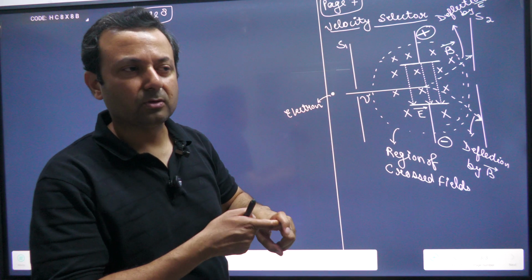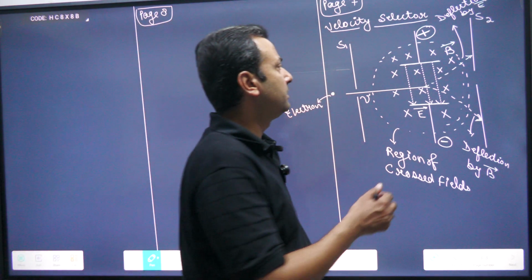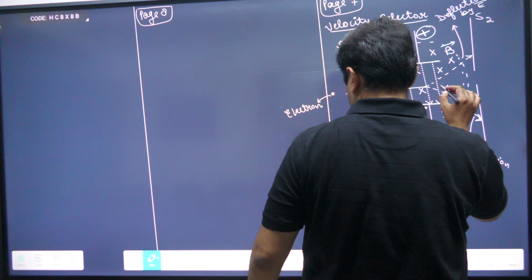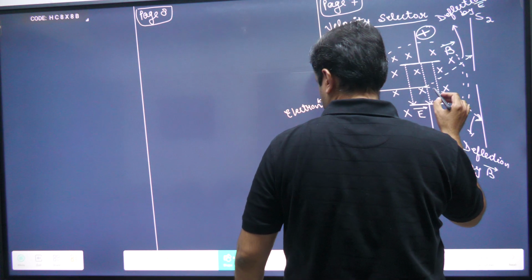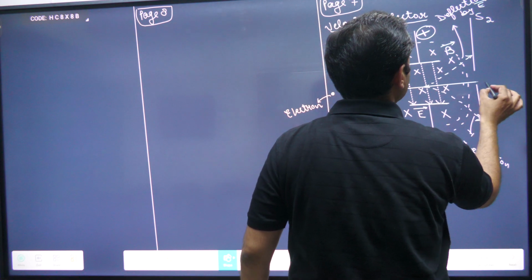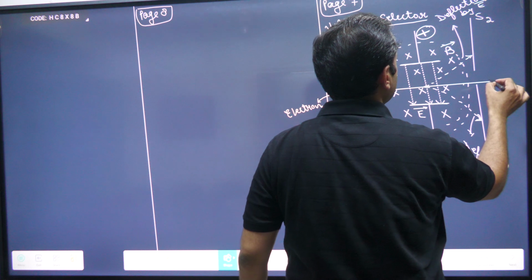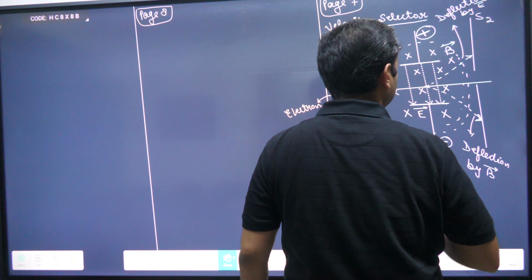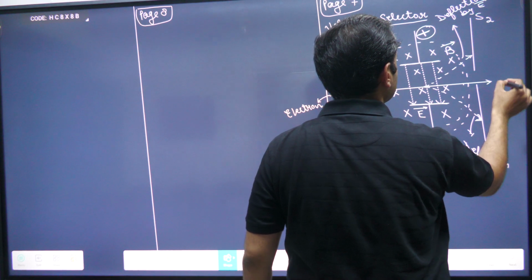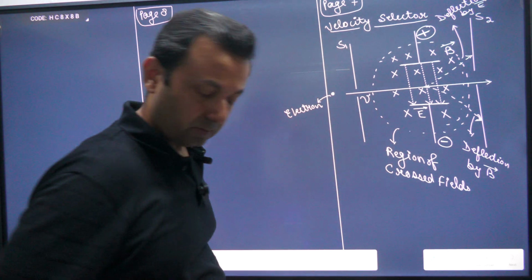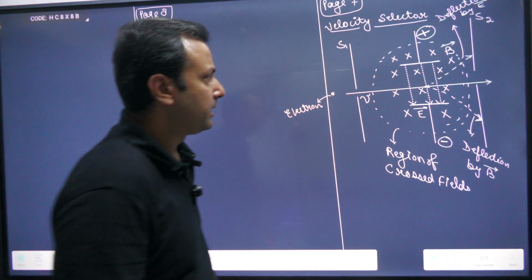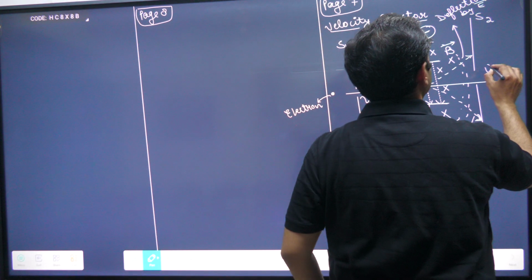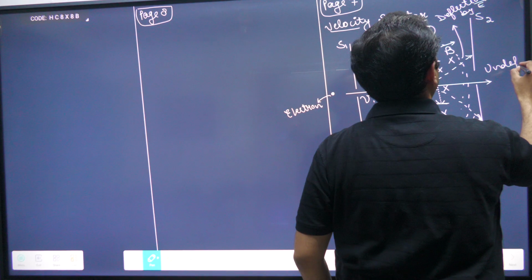So those electrons pass undeflected and go straight and come out through this second slit, the second opening. These electrons are called undeflected electrons.